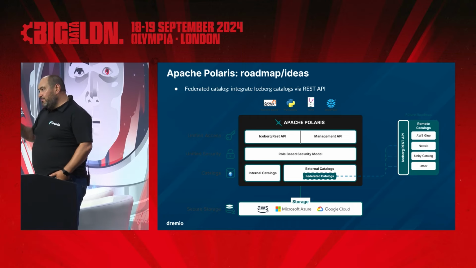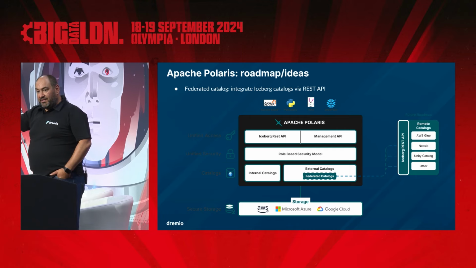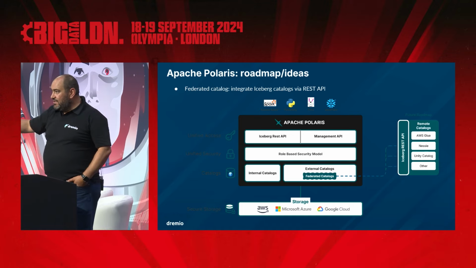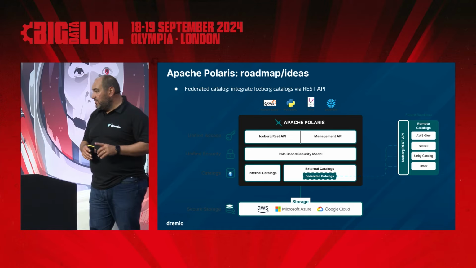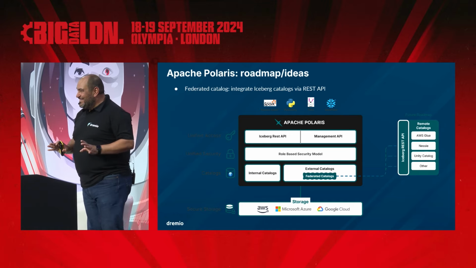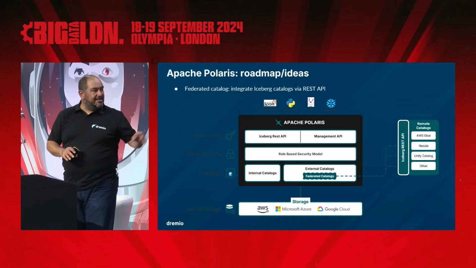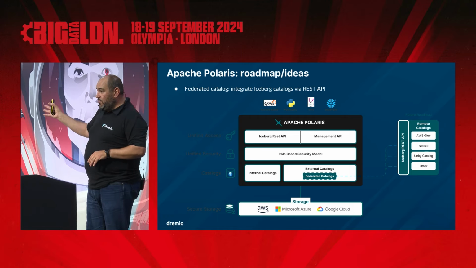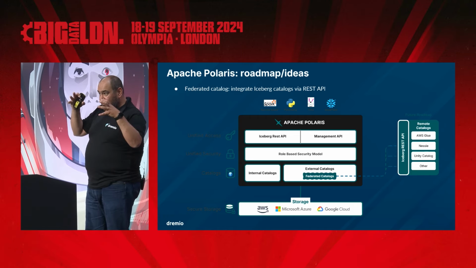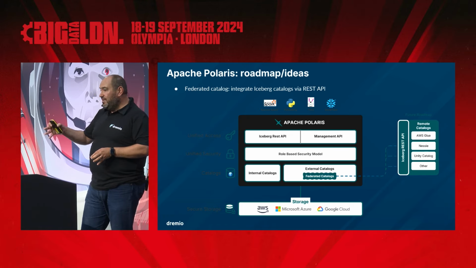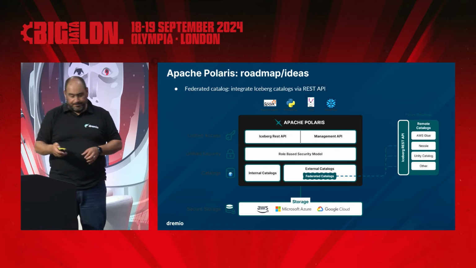What you can do is, in Polaris, you're going to use this external catalog. It's read-only for now, so you cannot add new metadata in these external catalogs, but it can be used by a unique instance of Polaris. What we plan to do, I don't know when, to be honest, we started to discuss it in the community, is what we name the federated catalogs. So it means that all catalogs that you have will appear at once in Polaris. And in that case, we're going to support read and write of the metadata.